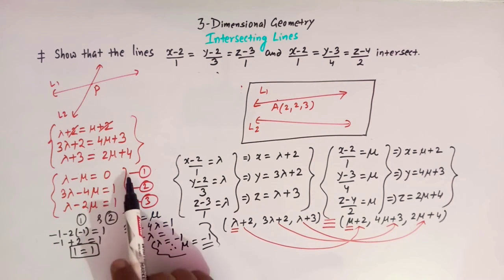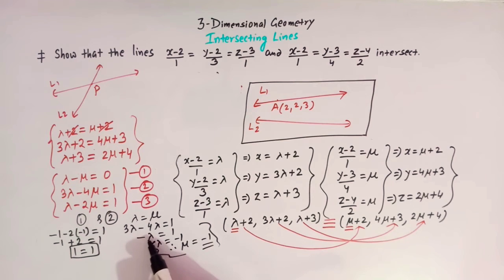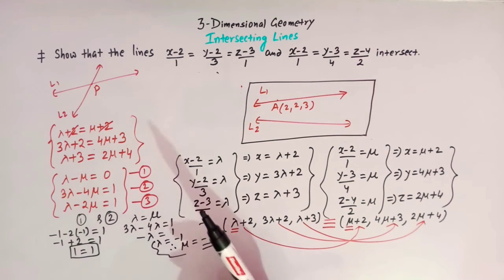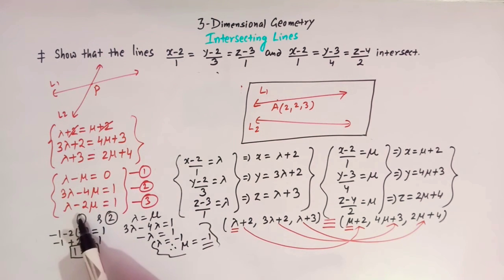We took two equations out of the three, we solved them, we got the values of lambda and mu, and then we substituted these two values in the third equation, and if the third equation gets satisfied, then we say that the two lines are intersecting, and if the third equation doesn't get satisfied, then we say that the lines are non-intersecting.